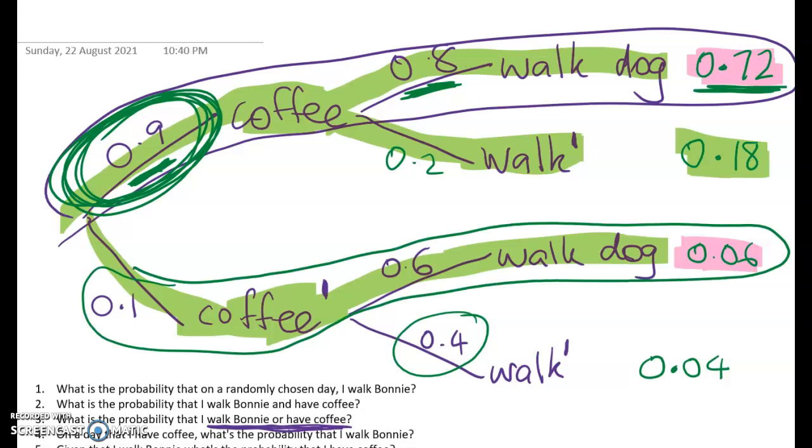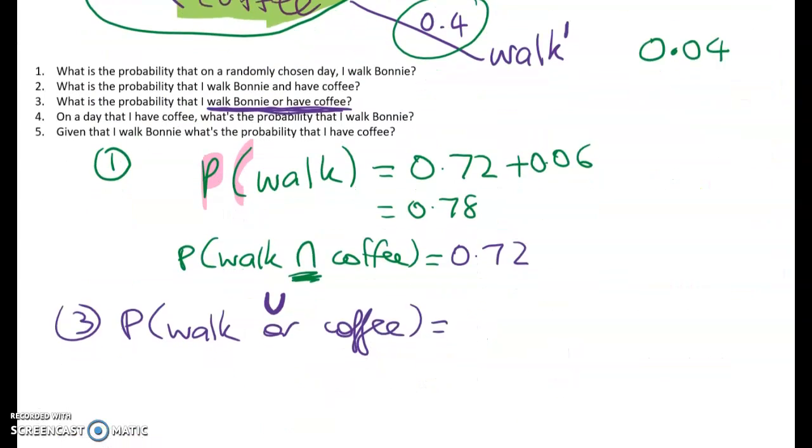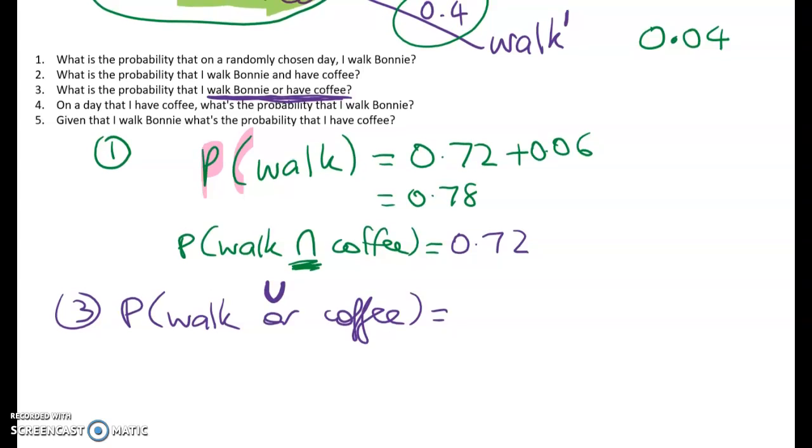So I can either add up those three numbers separately, or I can just add up this number and this number here. Okay, so the probability of walk or coffee is equal to 0.9 plus 0.06, which is 0.96.